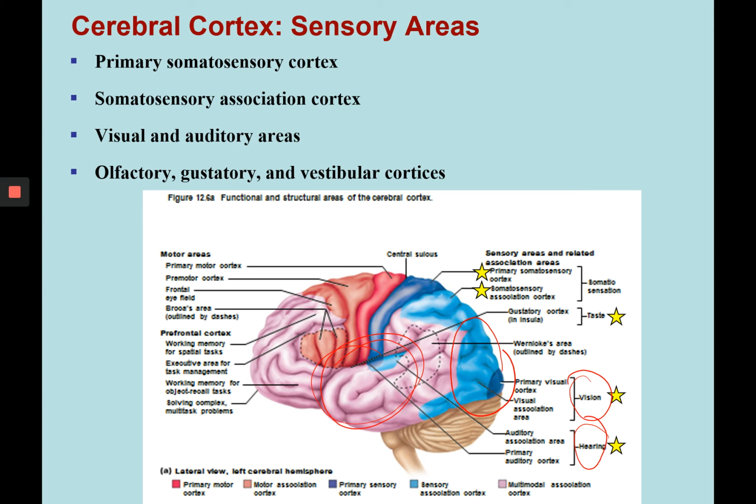So eyes in the back of the head, that's where our visual cortices are. Then we have things like taste, which are also going to be in the insula. Then the primary somatosensory cortex is going to be behind the central sulcus in the postcentral gyrus, and then right behind that is the somatosensory association cortex. So our general sensation areas are located kind of opposite the primary and premotor cortex in the frontal lobe.